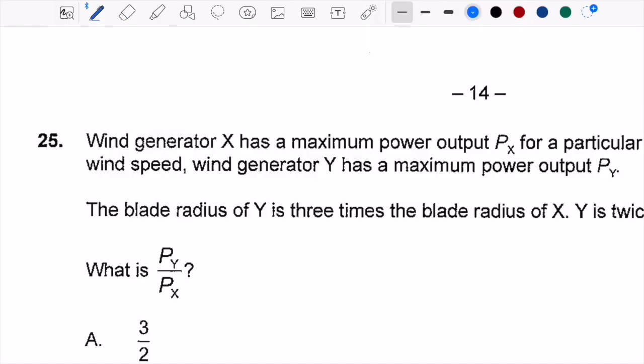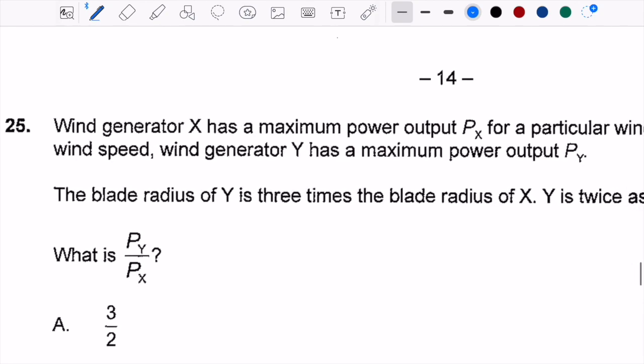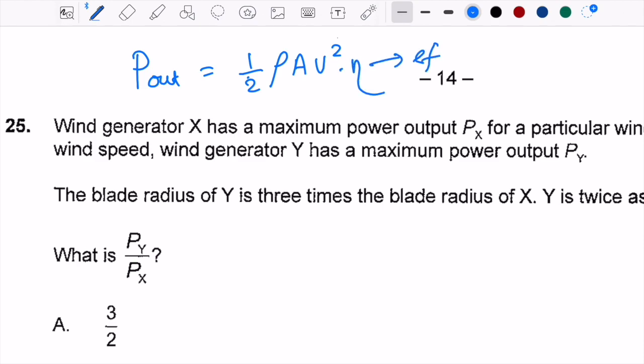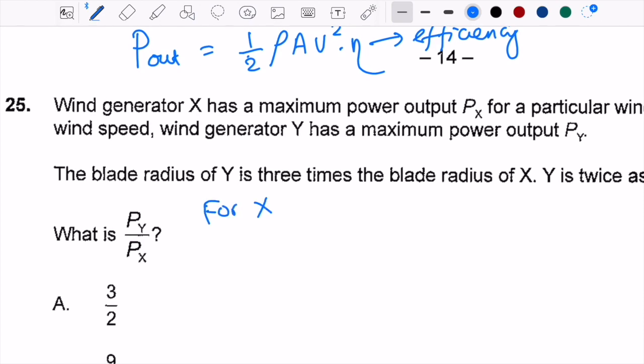We are going to discuss windmills. All right. The power output of a windmill is given, in the data booklet, by 1/2 rho A v cubed times this efficiency of the windmill. Okay, for X, the cross-sectional area of a windmill is pi r squared. So for X I can write power of X is half rho pi r squared times eta, right?